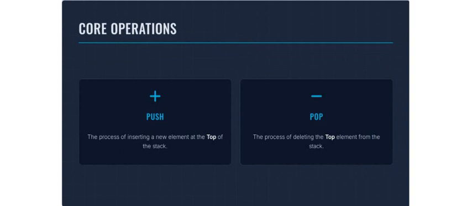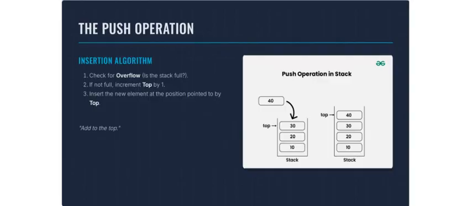And here we can see two core operations, as I told earlier: push and pop. Push is for inserting the data through the top, and pop is for deleting the element from the top. Now the insertion algorithm in the push operation. First of all we want to check overflow.